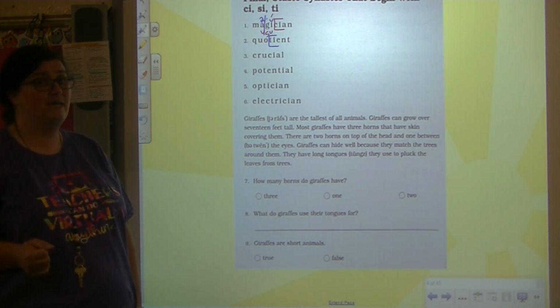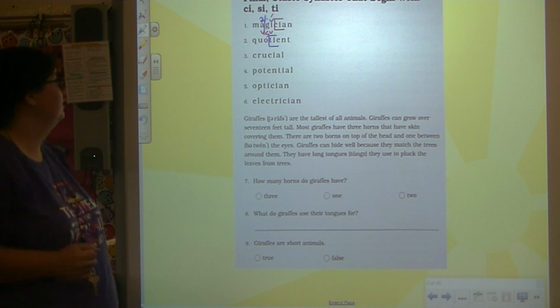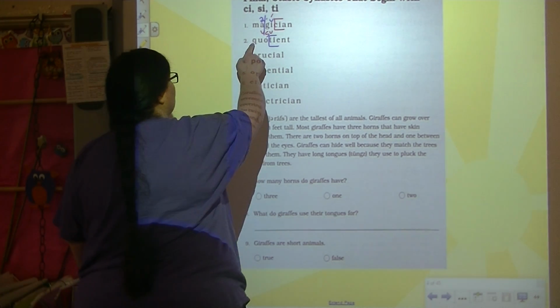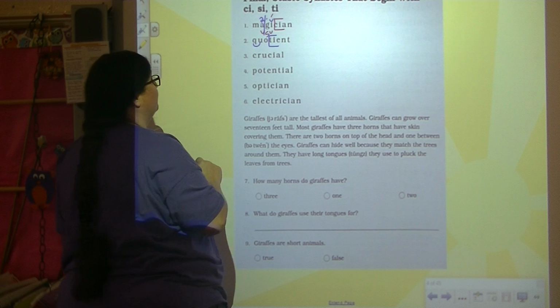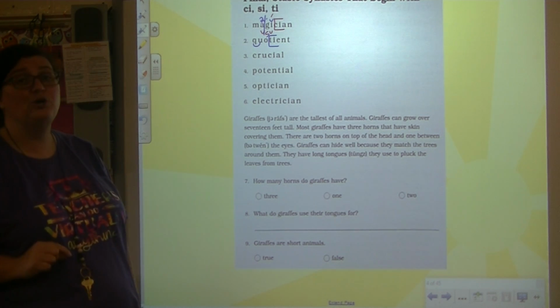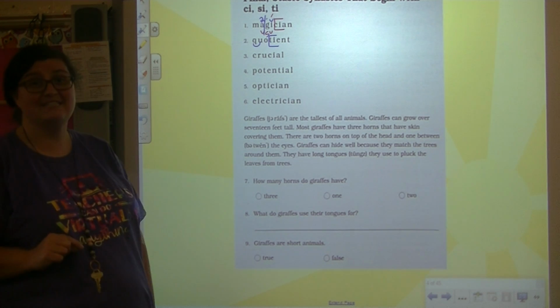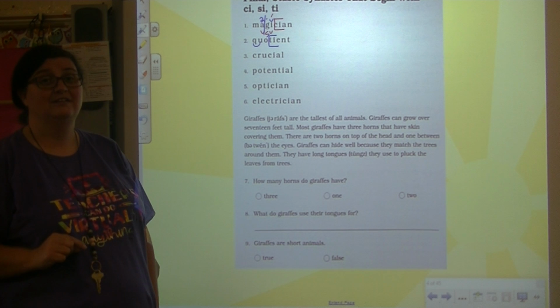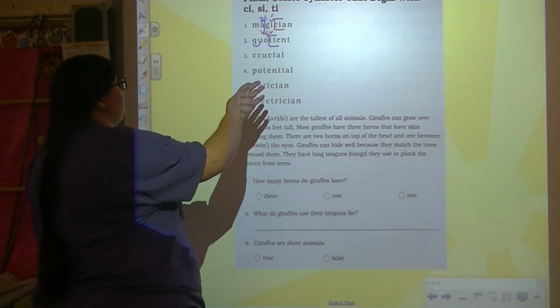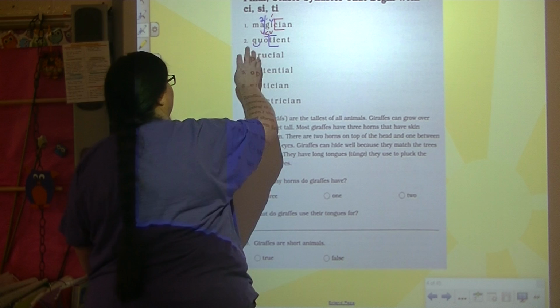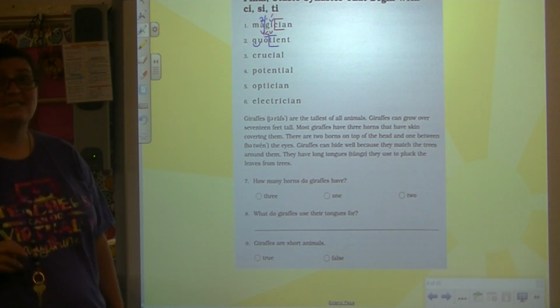All right, what else can we code? Combination Q-U, sticks like glue. Now we have O that is open and accented. It's going to say its name, so put the macron on it. Let's sound it out.